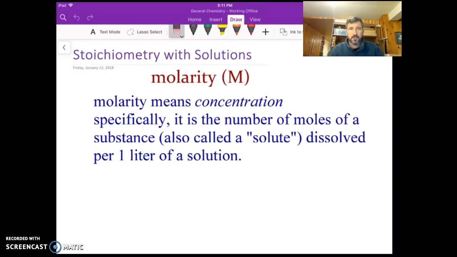It means concentration. So if you imagine making Kool-Aid, and let's say you decided you really like sweet stuff, so you dump in 2 flavor packets and you double the amount of sugar that's in that Kool-Aid. You've just upped the concentration. You've increased the number of dissolved particles in that solution.